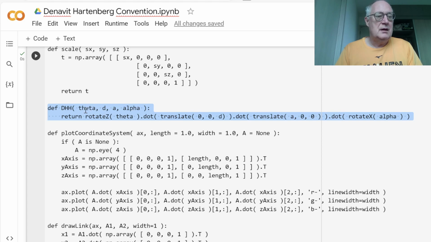Here I define the Denavit-Hartenberg matrix with four numbers, theta, d, a, and alpha, and I return the matrix that I get from rotating z by theta, then translating along 0, 0, d, then translating along the x-axis, a, 0, 0, and then rotating around x by an angle alpha.